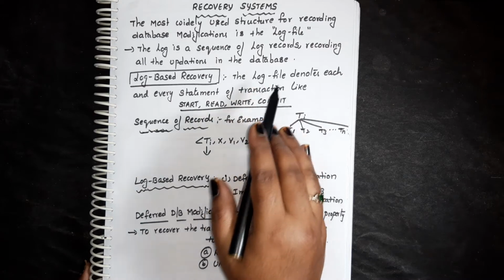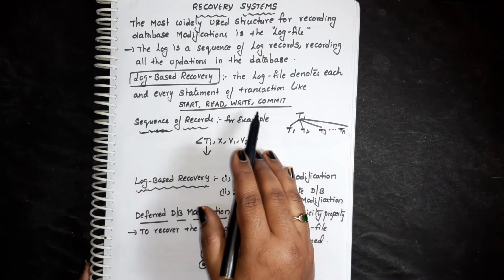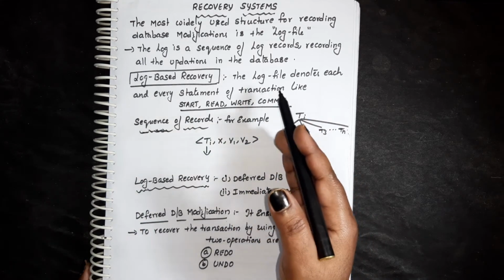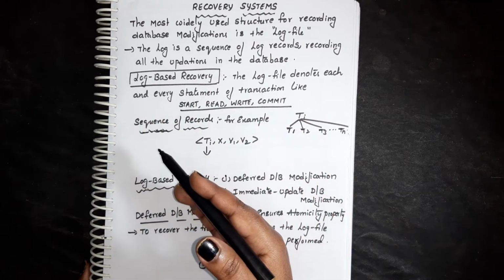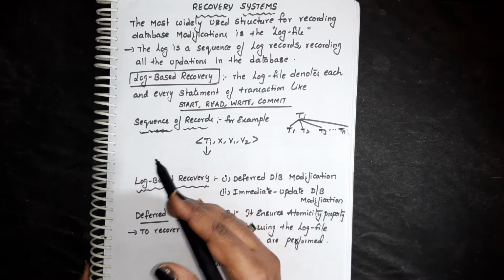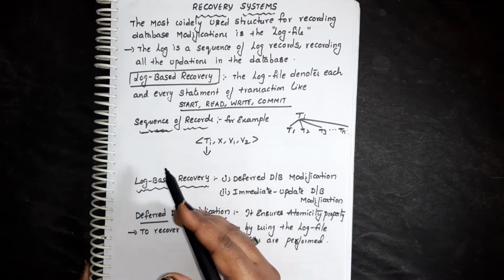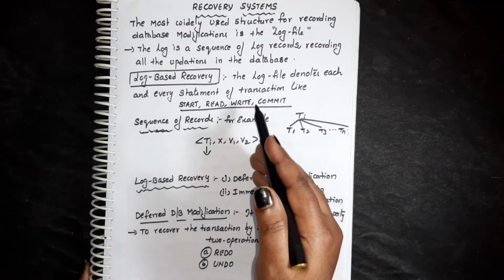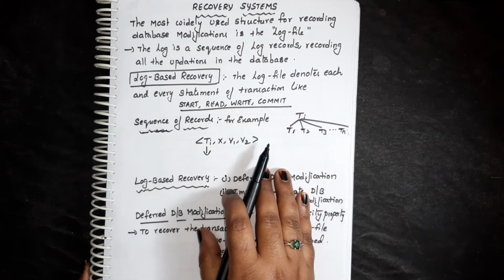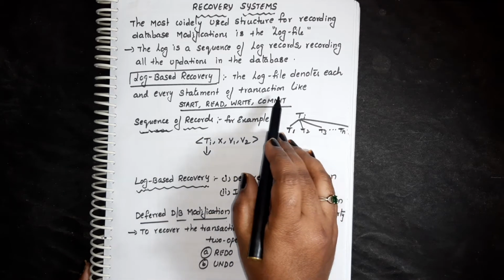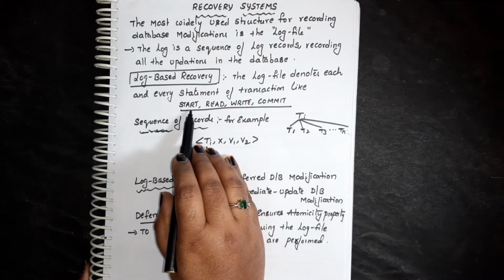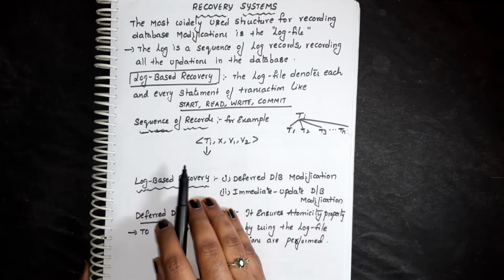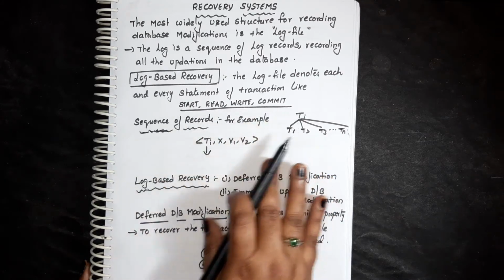Based upon the log file, you know the status of the transaction, when it executes the read and when it executes the write, whatever value it performs and whatever value it commits, everything is stored in the database. For this purpose you know the status of the transaction start operation, read operation, write operation and commit operation.